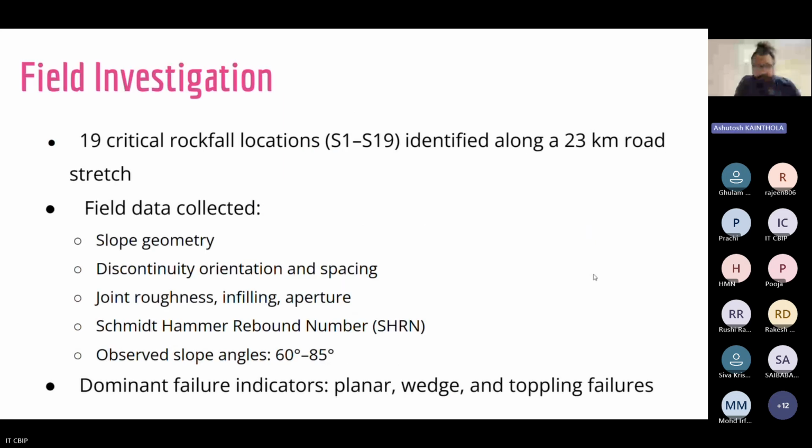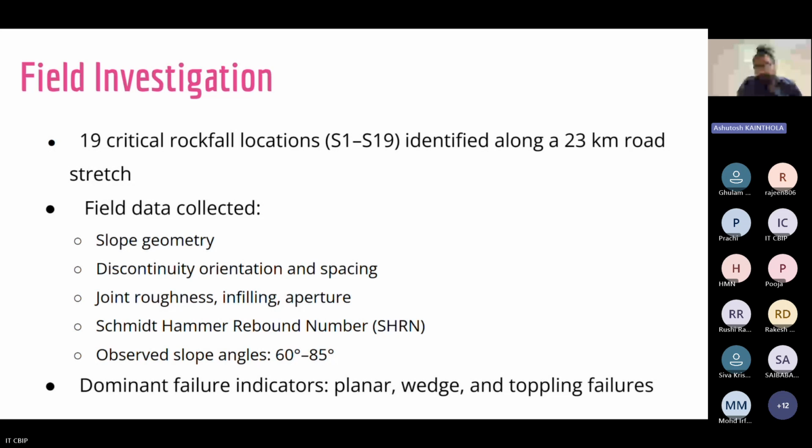So our study started from Raksham, which is close to the northernmost part, and around 23 kilometers south of it lies the village Sangla.